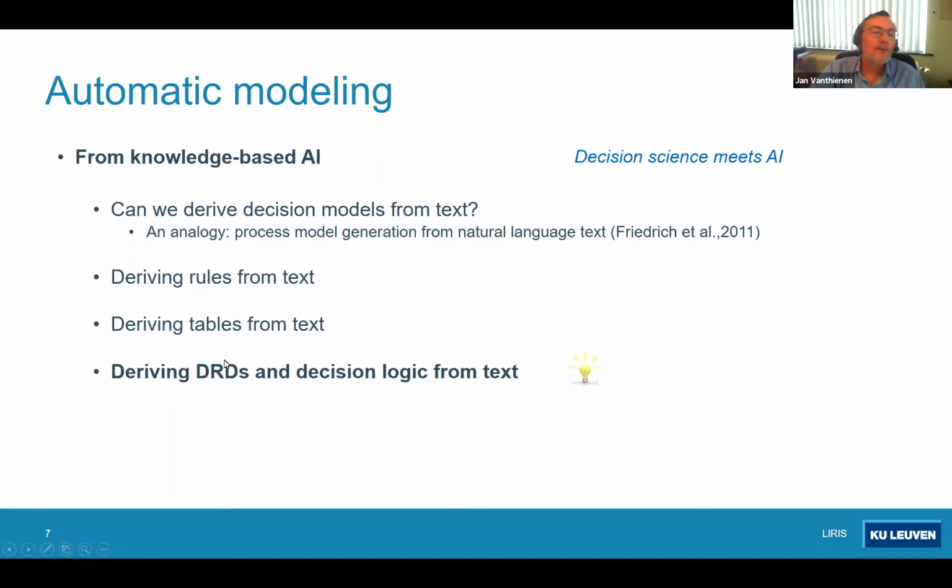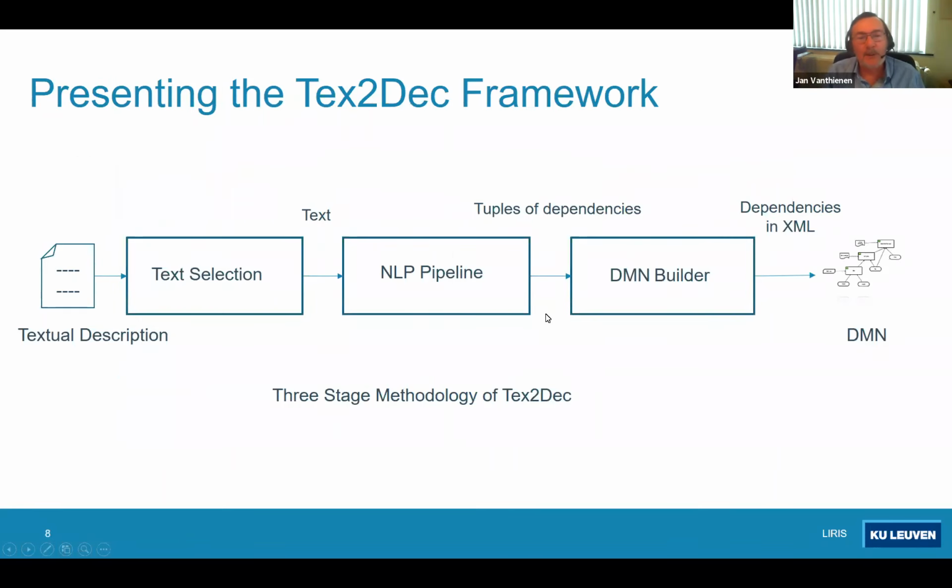And let's first focus on the DRDs, because the decision logic is logical rules, and you know that a lot of legal texts contain very complex sentences, so let's start with the easy part and then do the more difficult part. But that's the subject of today, which is called text to DEC. Text to decisions.